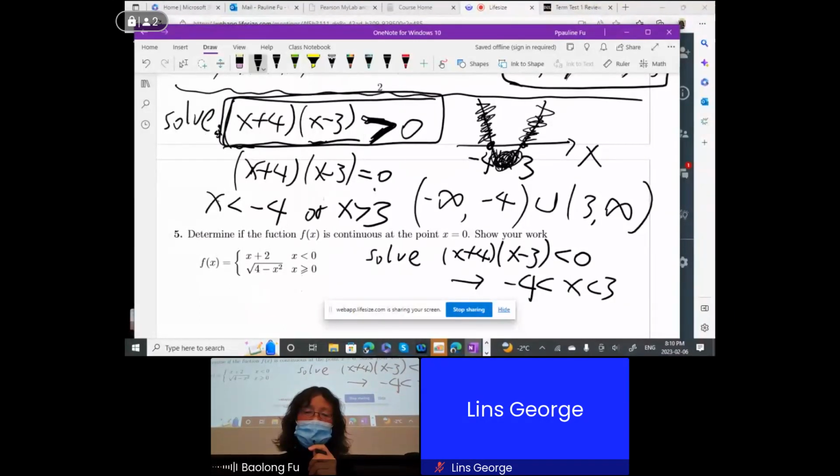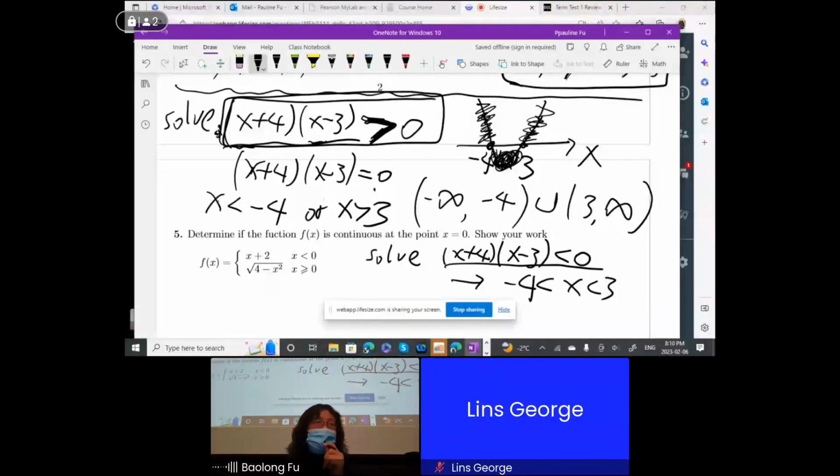This part here, smaller than 0. This is the answer, -4 to 3 will make this quadratic smaller than 0. Just directly looking at the graph, you can solve inequality for the quadratic function.